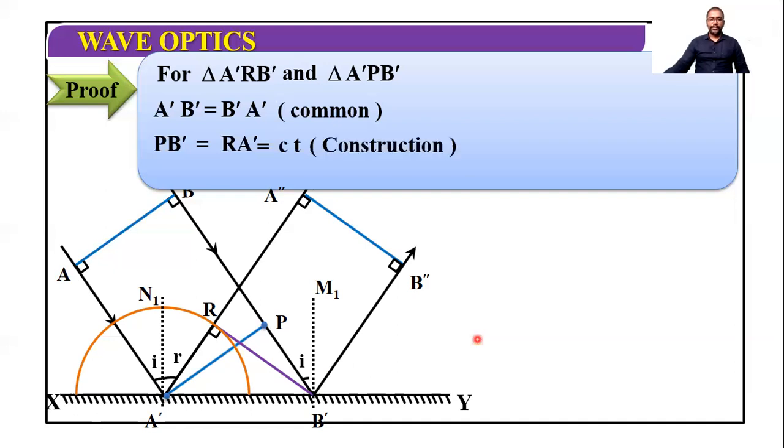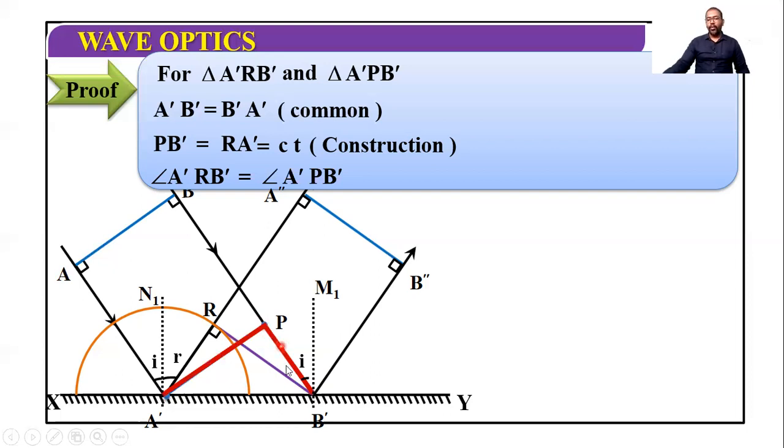Now after that, this angle A dash R B dash, meaning this angle R, and another angle A dash P B dash, both are equal because this is a plane wavefront and this is a light ray. Wavefront and ray of light are perpendicular, so this angle is 90 degrees.